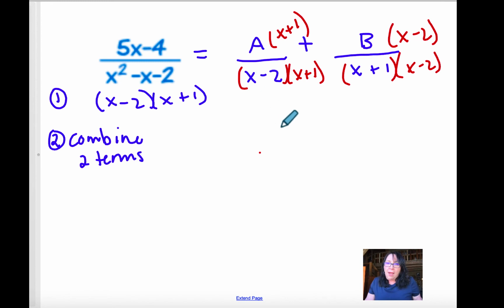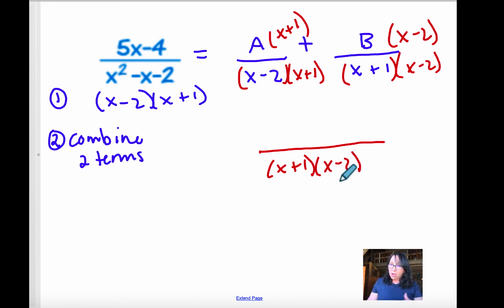And so I'm going to get x plus 1 times x minus 2 as my denominator, but my numerator, I do have to distribute. So I'm going to get ax plus a plus bx minus 2b. Okay, so there's my numerator after combining those two fractions.